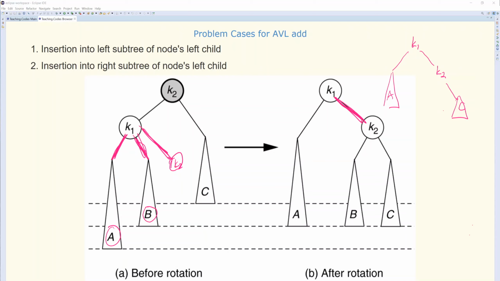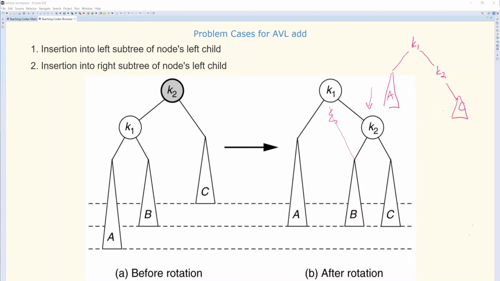And what we do to solve that is we just make K2 adopt the previous child of K1. So when K2 goes down here, remember K1 should have been attached here.